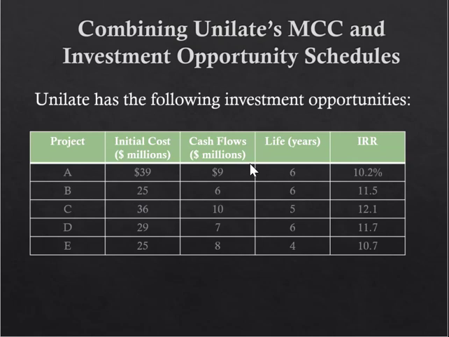I'm going to stack rank these projects based upon my initial cost, the amount of cash flow it's going to bring in, the life, and then the internal rate of return associated with each one of those cash flows. And then I'm going to plot them on a graph against that weighted average cost of capital and see what projects I want to do.